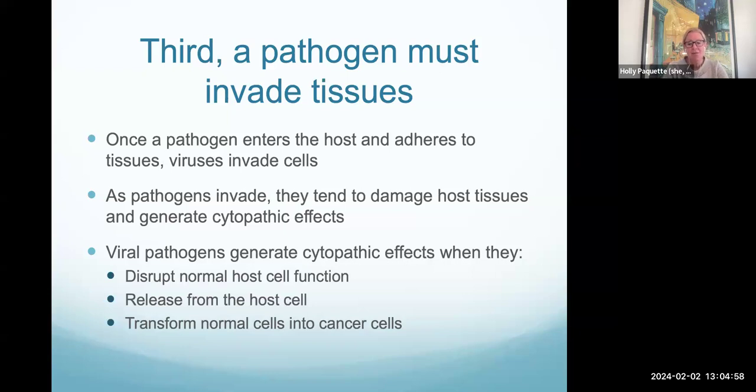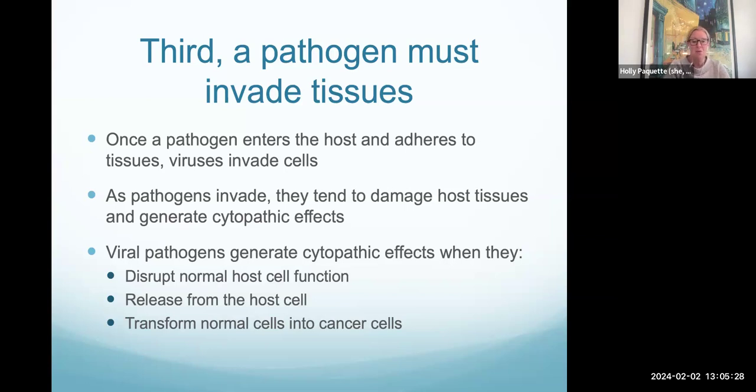And when we see that with viruses, typically the damage that they can do to a cell is, first of all, they'll disrupt the normal host cell function because they'll be taking over the ribosomes, the enzymes, hijacking that whole cell to make more virus particles. They have to be released from the host cell, which in the case of naked viruses can destroy the host cell. And then some of them have the ability to actually transform normal cells to cancer cells. And this would happen during this kind of invasion period.